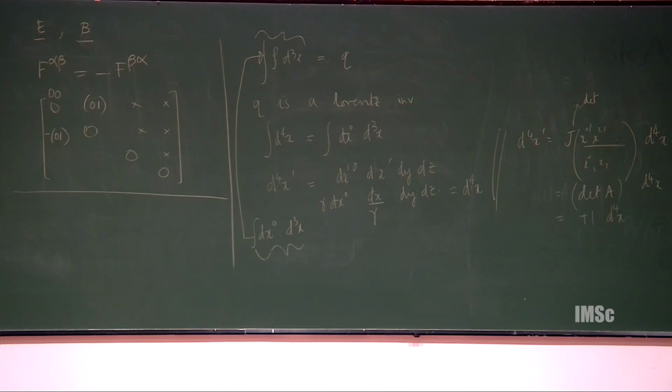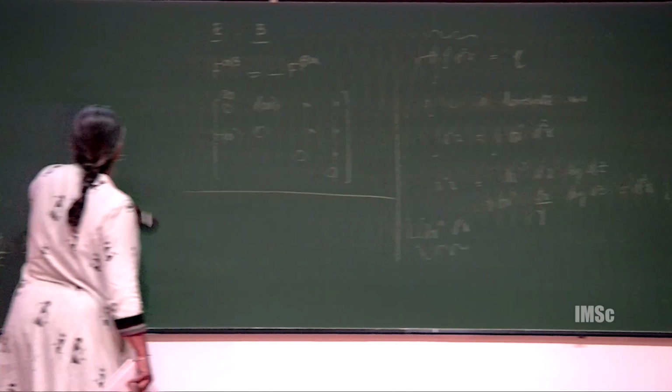Okay, so let me just do this review first, because we have talked about so many quantities. Let us just do a review and then we will continue. Because I just want to set the notation, otherwise you will not know what I am trying to do.